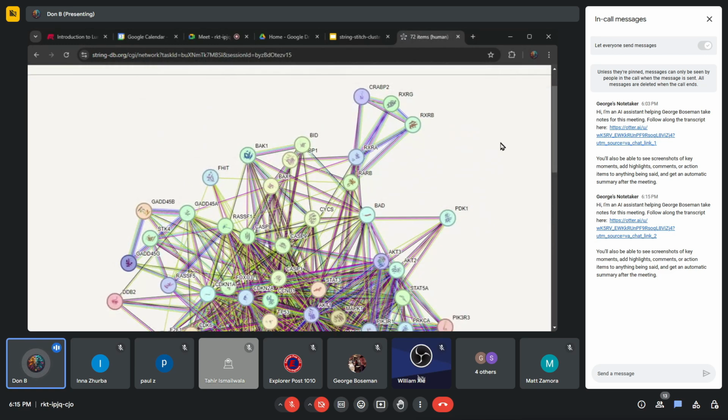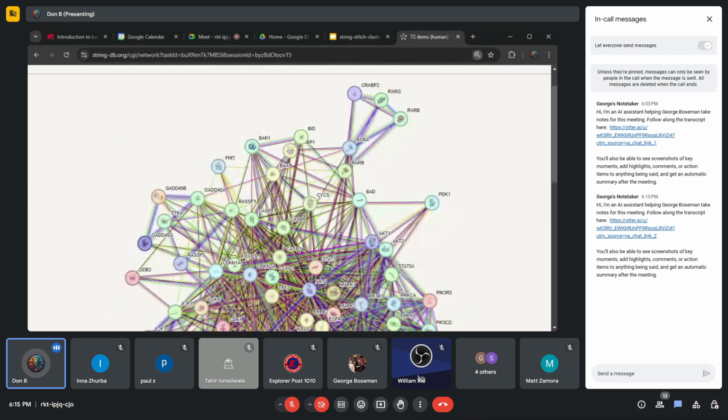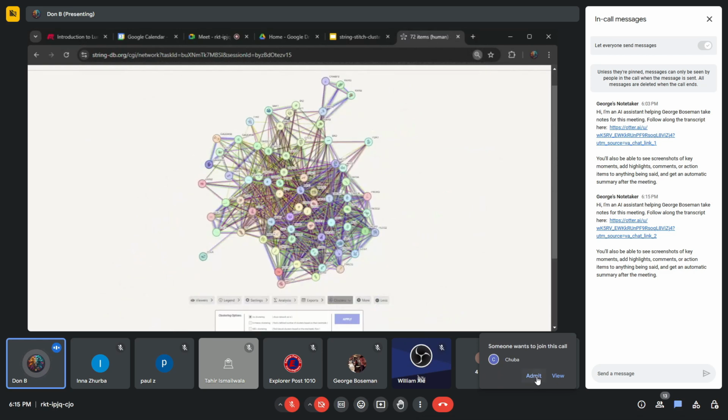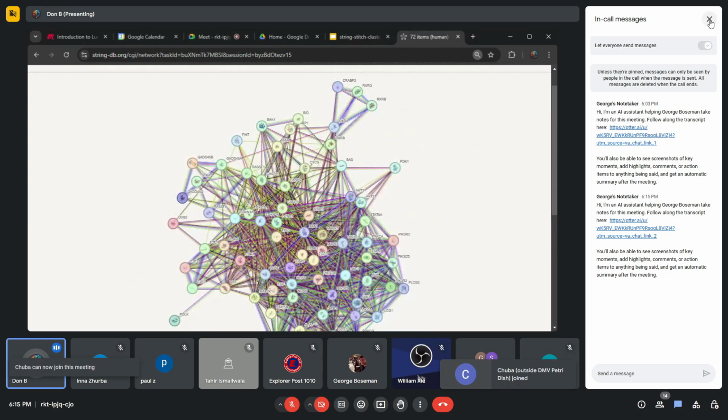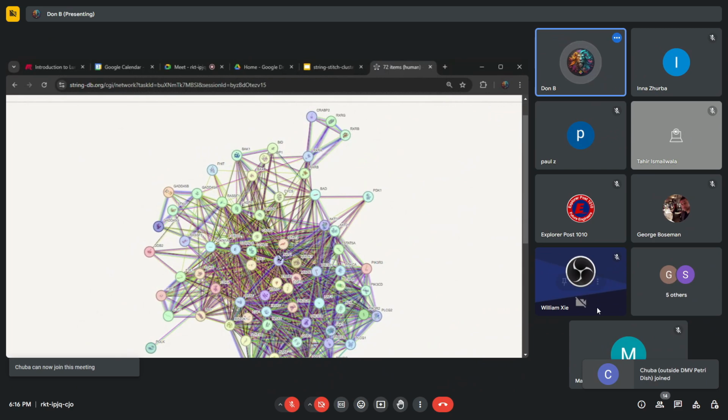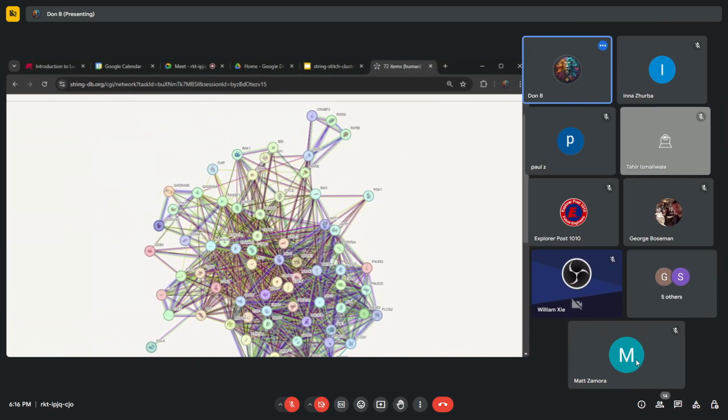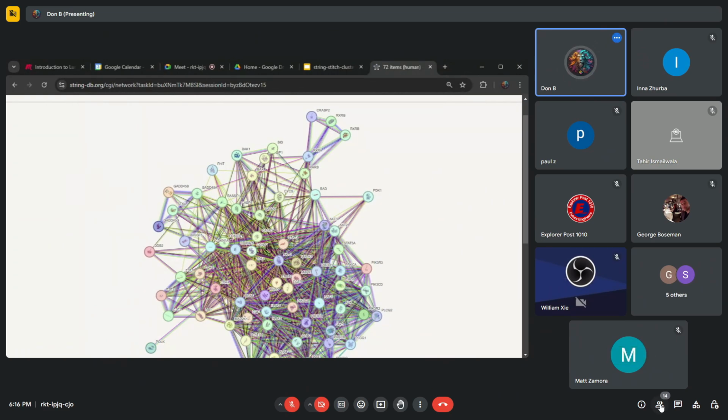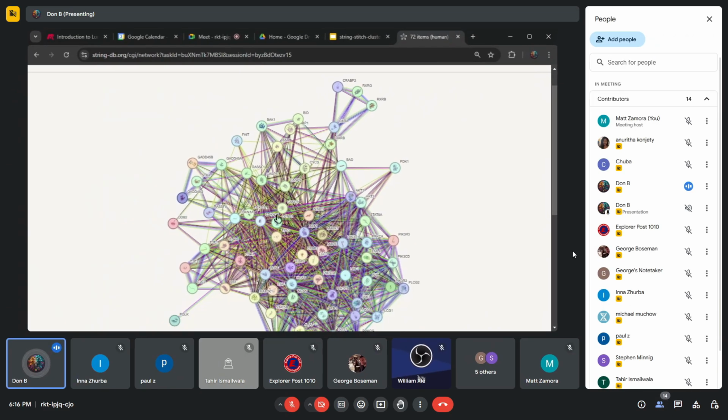Okay, and I'm sorry that I've got my resolution so low that it's kind of wonky, but this brings up the network of proteins, because again, this is STRING and not STITCH, and its focus is on protein to protein interactions.